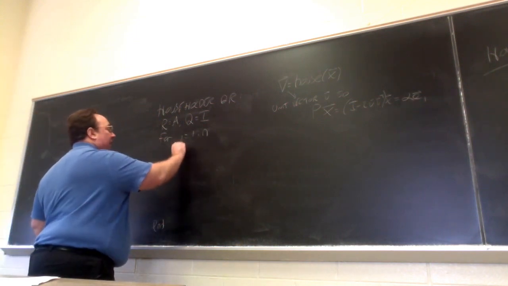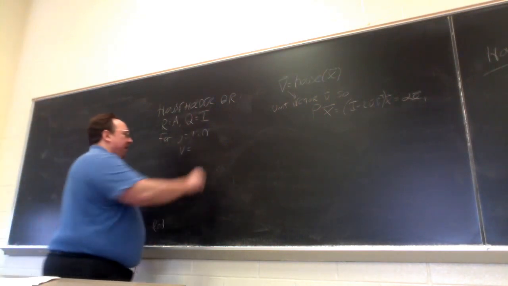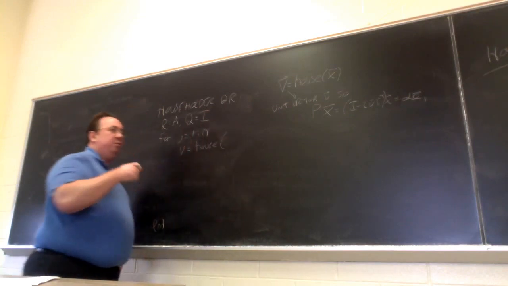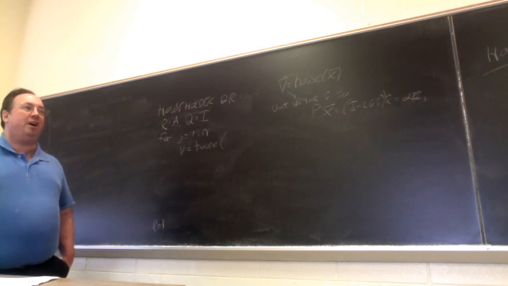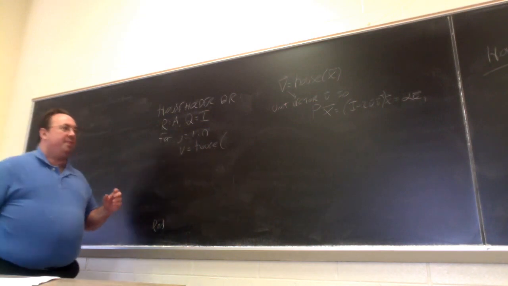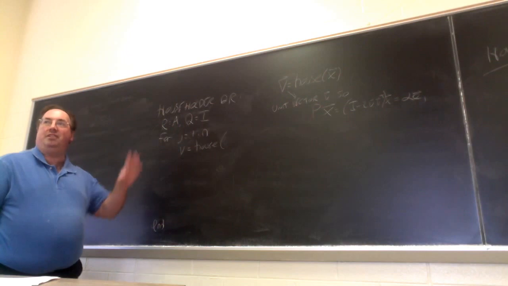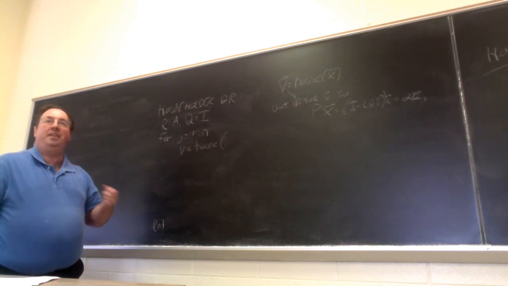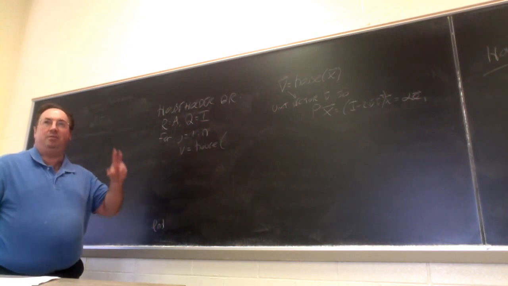And I get my Householder vector v, but I have to pass the right part of R, which is originally my A, in order to get it. So first I'm going to be working on the first column. The first time through, I want to pass the first column, because I want to zero everything below the diagonal, so that's everything except the first element. But then I'm going to move to the second column, and I want to zero everything in the second column below the diagonal, so everything except the first two elements.